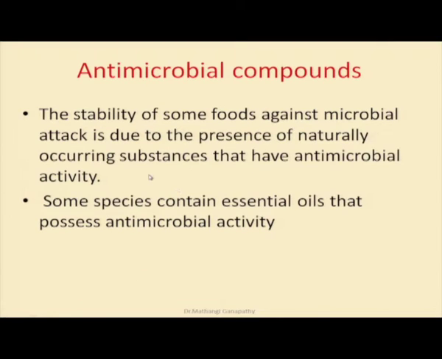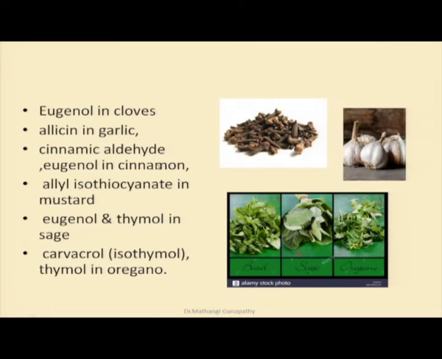The next aspect which actually controls the growth of microorganisms is antimicrobial compounds. The stability of a food against microbial attack is due to the presence of naturally occurring substances that have antimicrobial activity. For example, some spices have essential oils which have antimicrobial activity.